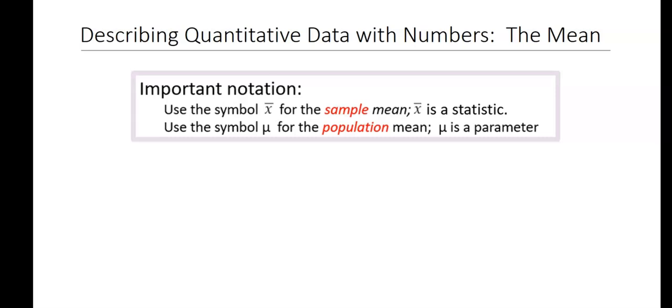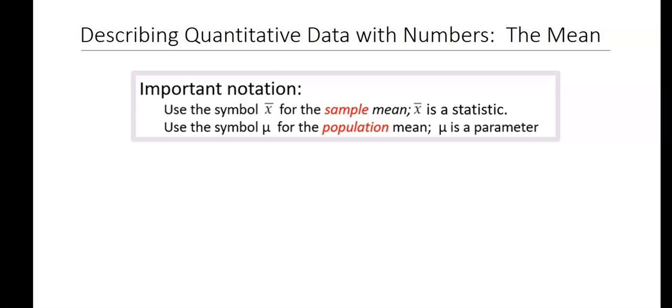This is good. I talked about notation being important, and this is true. For the mean of the sample, we call that X bar when you take a sample. If it's from the population, everybody that we are trying to figure out something about, that's called mu. Greek letters are usually for populations, and other symbols are for samples usually.